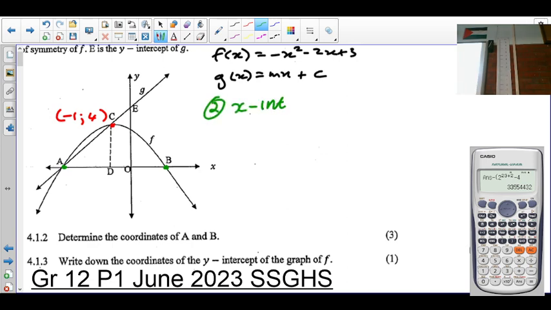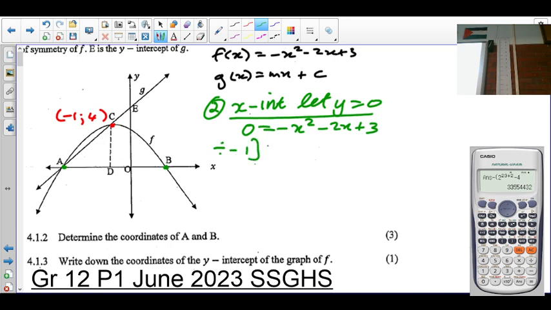What do you do for x-intercept? We let y equal to 0. So we got 0 is equal to negative x squared minus 2x plus 3. So I divide by negative 1. So 0 is equal to x squared plus 2x minus 3. Trinomial. x and 3, x and 1, plus minus.